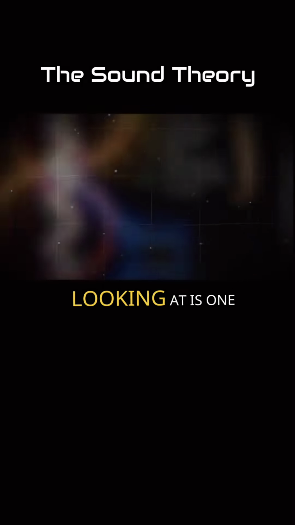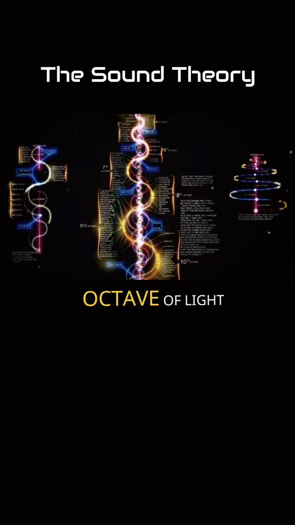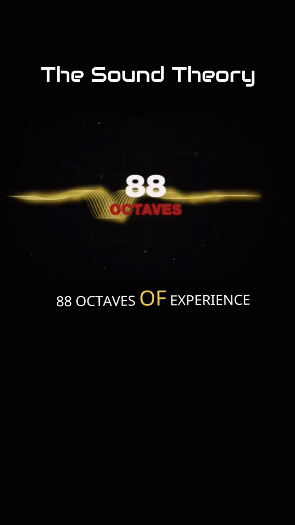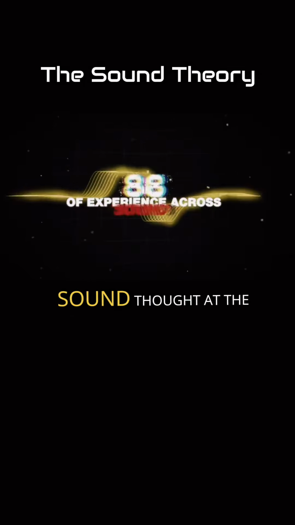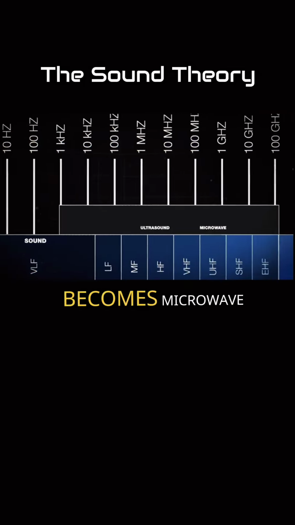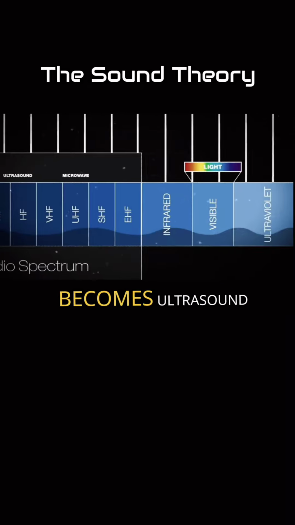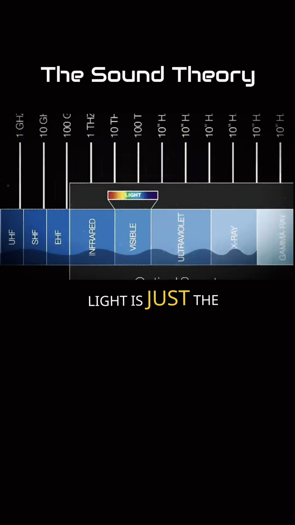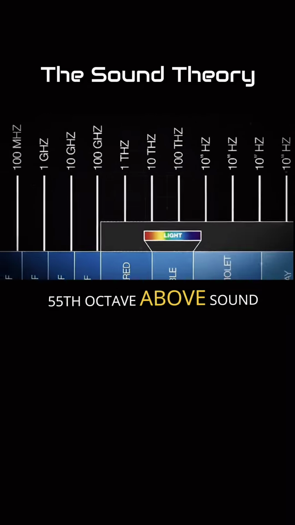What we're really looking at is 1 octave of light, 88 or 89 octaves of experience across sound. Thought at the very basis becomes sound, becomes microwave, it becomes infrared, becomes ultrasound, and then as it goes higher and higher, light is just the 55th octave above sound.